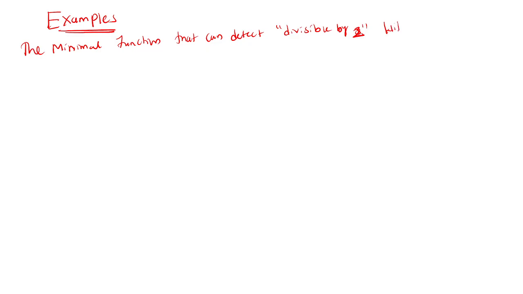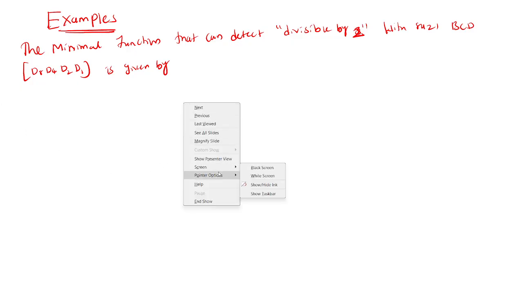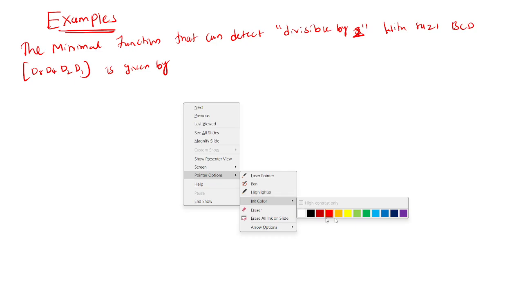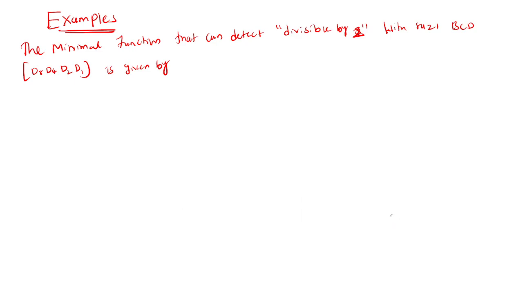With 8421 BCD, those are D8, D4, D2, and D1, is given. Here you need to design the combinational circuit such that the number is divisible by 3.